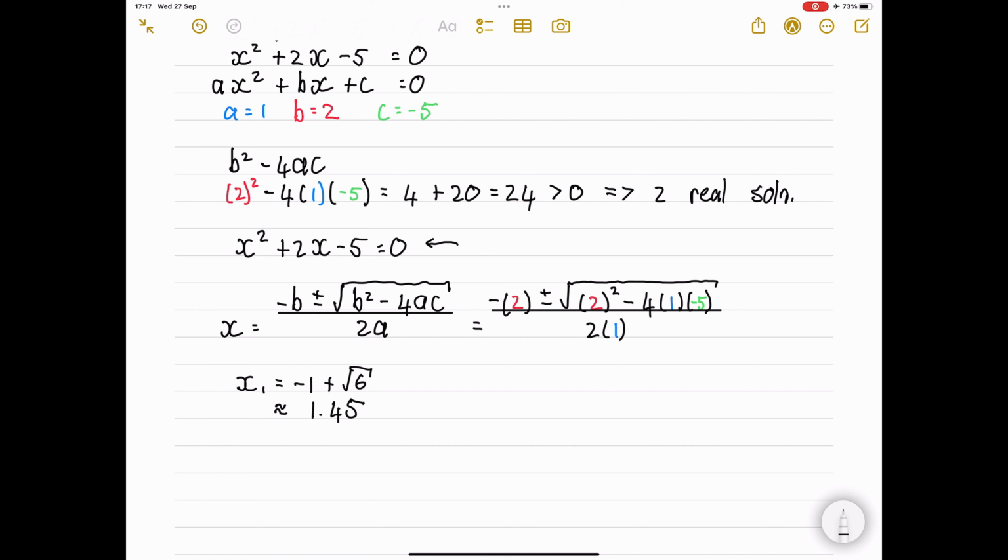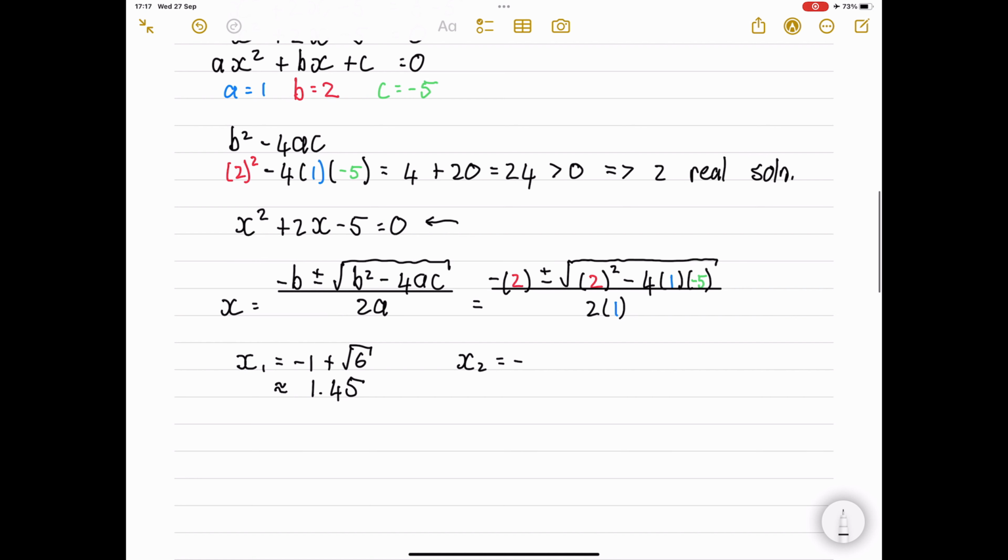And then with the minus, or your second x, you get negative 1 minus the square root of 6, which is then, if you round it off to 2 decimals, negative 3.45. And there you have your two values for x.